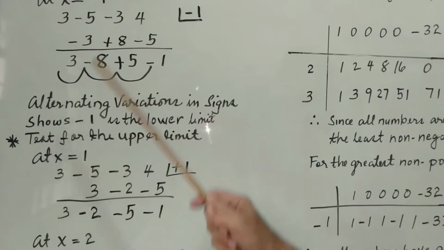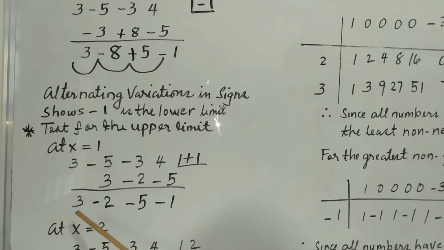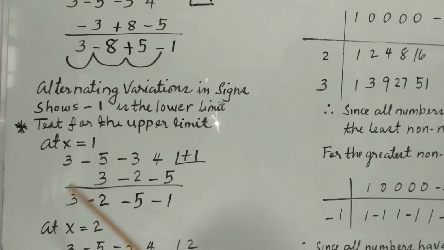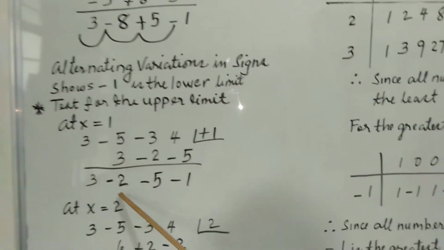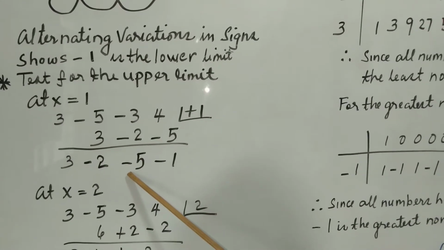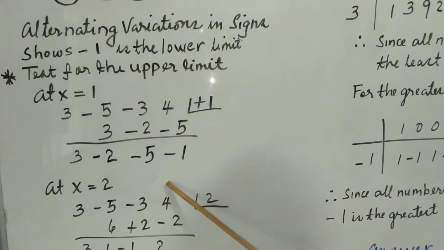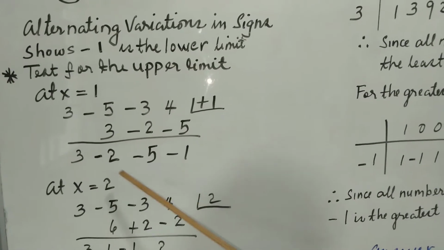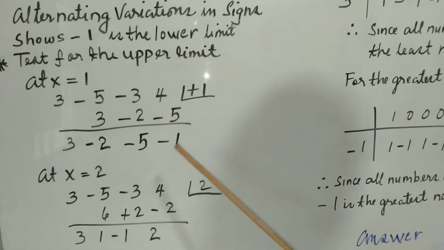So that same equation we divide by 1. So 3 times 1 is 3 plus -5 is -2 plus -3 is -5 plus 4 is -1. So according to the rule, this does not meet the rule.